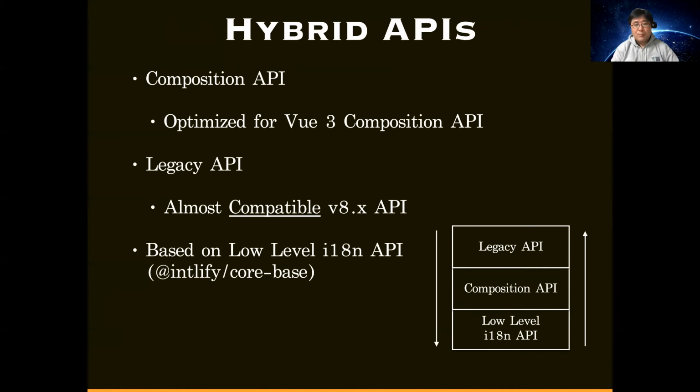The Legacy API supports existing Vue applications using Vue I18n to migrate smoothly to Vue 3. As I mentioned, these APIs are implemented based on the low-level I18n API. Specifically, the Vue I18n Composition API is implemented with the low-level I18n API, and the Legacy API is implemented by wrapping the Vue I18n Composition API.